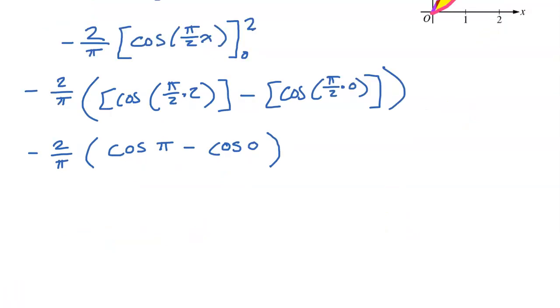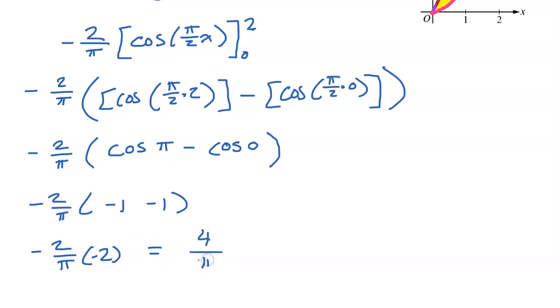But the 2's cancel out, so you have the cosine of pi, and pi over 2 times 0 is just 0, so cosine of 0. And then we know that the cosine of pi is negative 1, and the cosine of 0 is positive 1. So this makes negative 2 over pi times negative 2, which equals positive 4 over pi. Kabam!